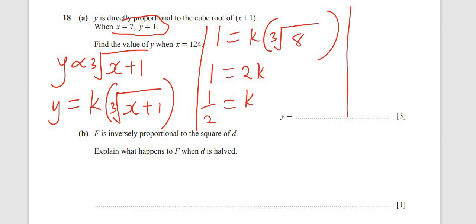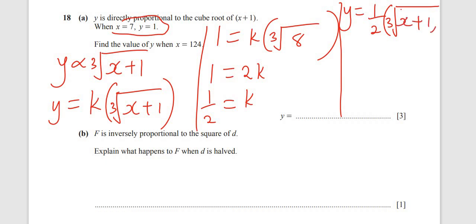So it's going to be y is equal to a half multiplied by the cube root of x plus 1, like that.